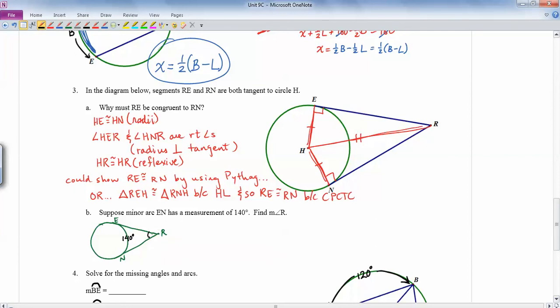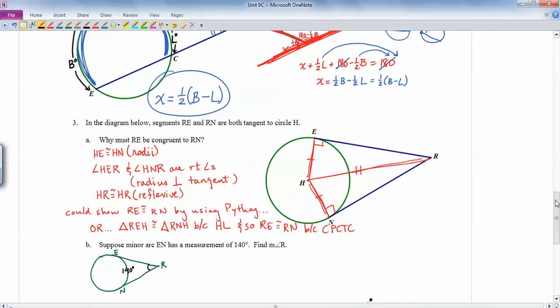Find this angle, okay? Well, I know that it's an outside angle, so I'm going to be using this rule right here. So I need the big arc minus the little arc divided by 2, cut in half to get angle R. Well, the big arc right here, from E to N, the major arc is going to be 360 minus 140.